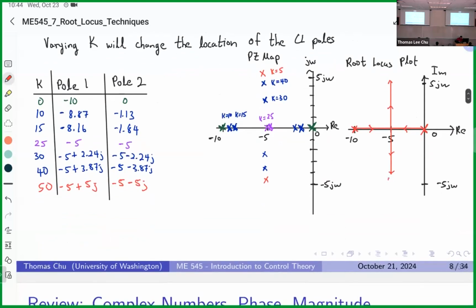So what we're showing here is the trajectory of the closed loop poles as k increases.